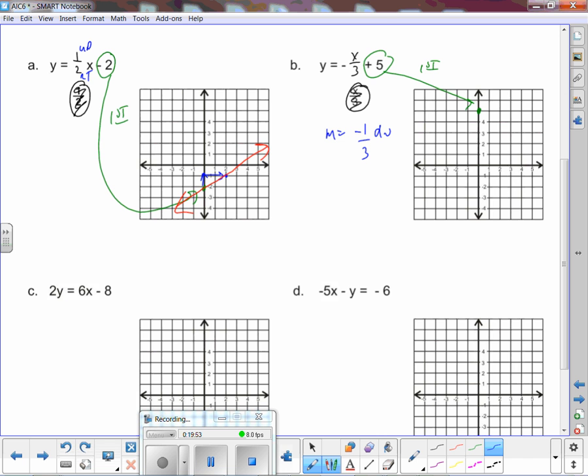Okay, so 1 down and 3 right. The negative's in the top, and the bottom is a positive. Gavin, where do I start to do this 1 down and 3 right? At the y-intercept. So down 1 and to the right 3. That's my second point. Draw my line.